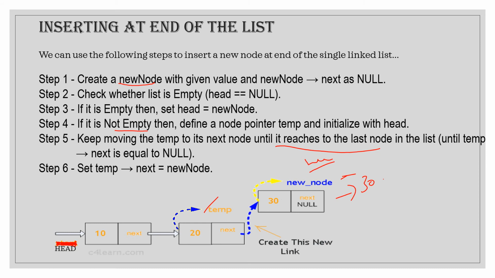If any node contains the next part as null, then it is the last node. So we traverse the list using the temporary variable until we find the last node, and then we change the next of the last node to the recently created node and fix it as our new last element. This is how insertion at the end of the list is performed.